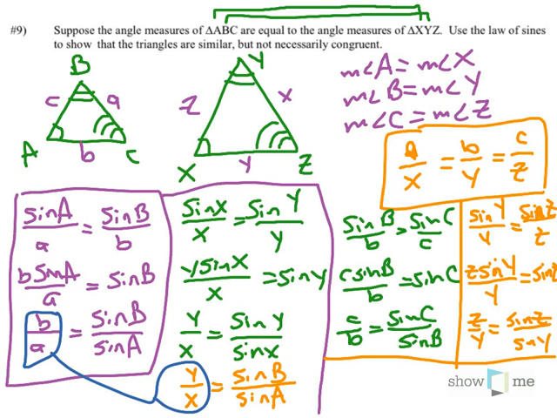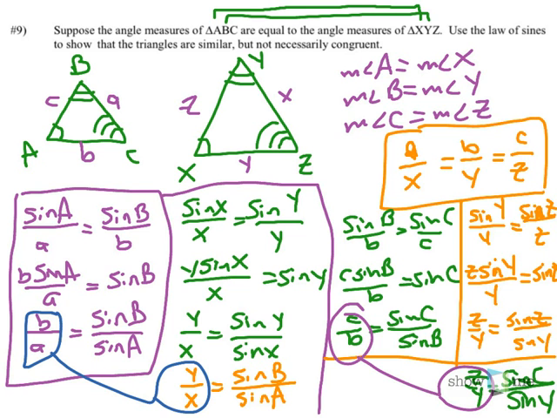If you look up here towards the top again, angle C and angle Z are the same, so I can go in here and replace that Z with a C. Also, angle B and Y are the same, I can replace this Y with an angle B. If I do that, that gives me Z over Y equals sine of C over sine of Y, which then in turn means that this is equal to this.